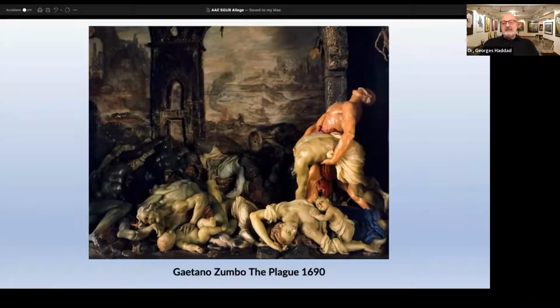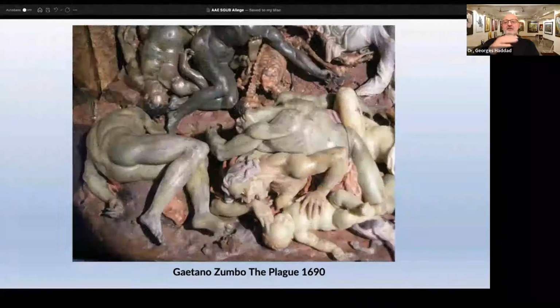This here is a wax sculpture in 1690 made by Zumbu. And if you look, all these people are dead except one of them, and he is the carrier of the dead. And if you look at his nose, he has put a handkerchief, like our mask, not to smell the dead. You can see that the dead are also in different levels of decomposition.